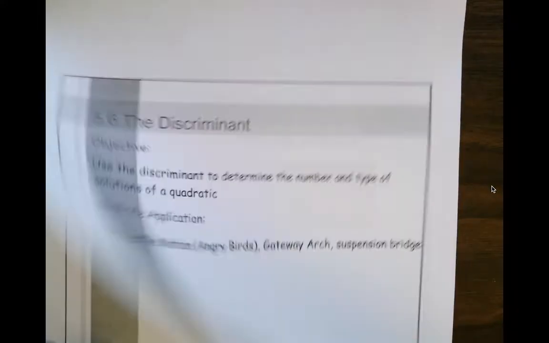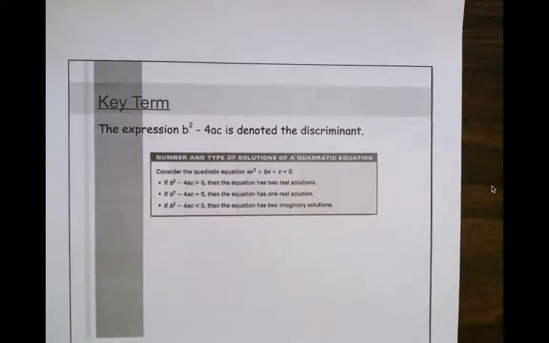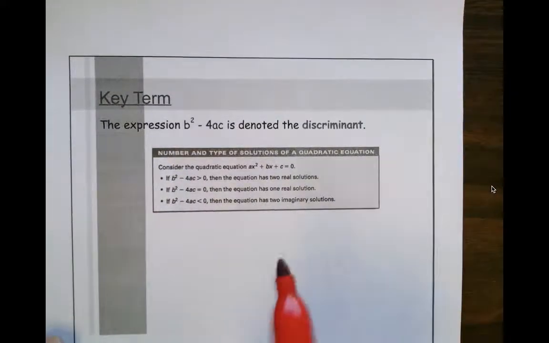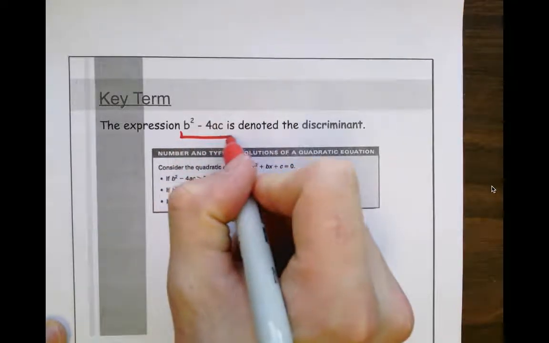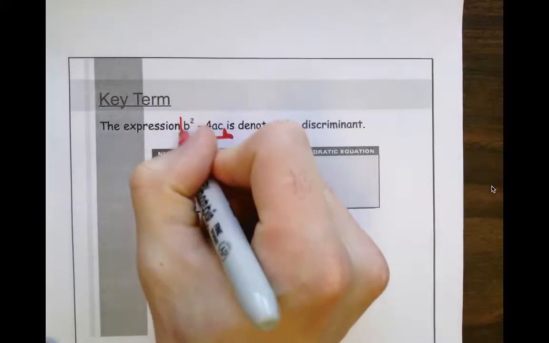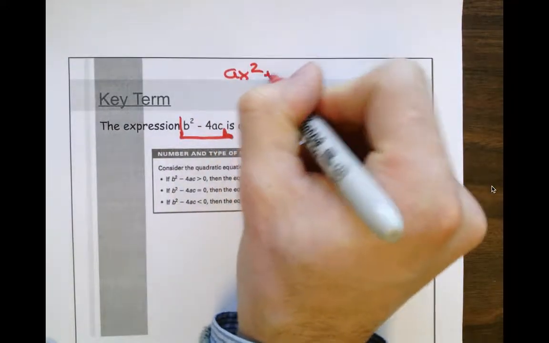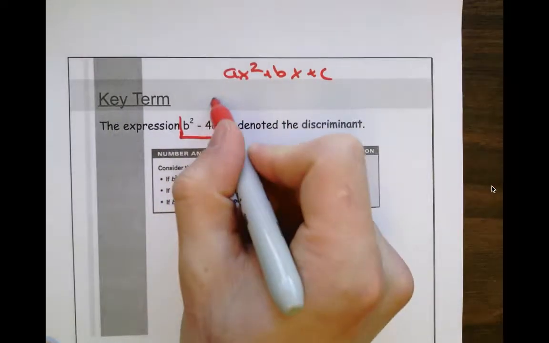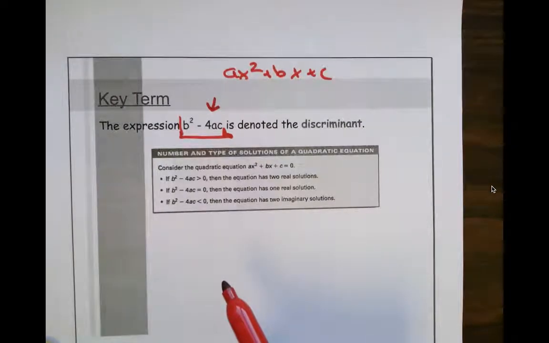Okay? And this will end up helping us really for the quadratic formula, which we're going to get into. Now, the value b squared minus 4ac, okay, b squared minus 4ac, what that is called is the discriminant. So remember, when we had ax squared plus bx plus c, what we're going to do is take those values and plug into b squared minus 4ac.